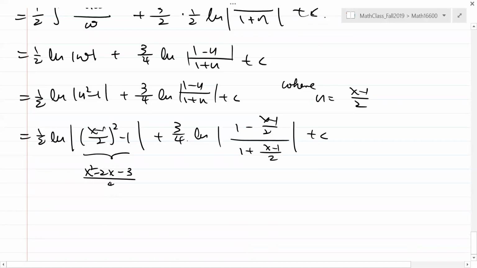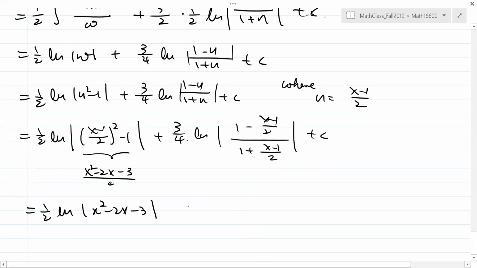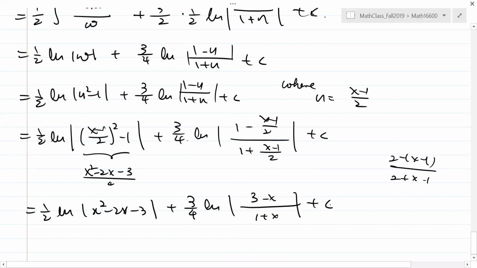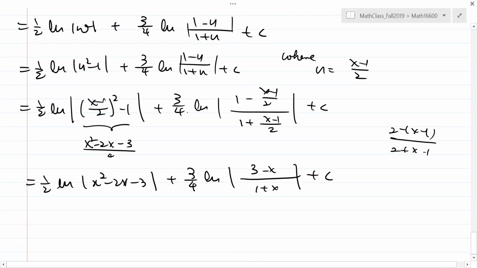Because the 4 is a constant, you can move it out. So it's going to be half of a natural log of x squared minus 2x minus 3. And here, natural log of 2 minus (x minus 1), 2 plus (x minus 1). So actually, it's going to be 3 minus x, and the same, this is 1 plus x. Okay. And this will be another constant, so not the same constant.